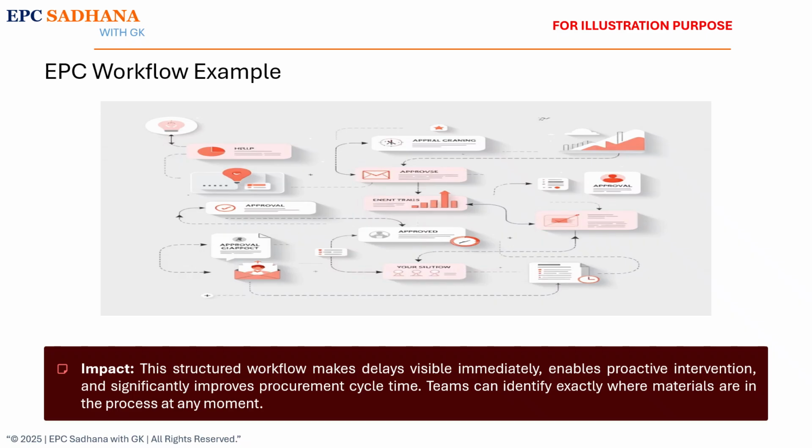Quality control team inspects the delivered items against the PO detail. Stores generates and records the goods receipt note to confirm receipt in the system. Finance processes the invoice and links it to the PO and GRN for payment. This makes delays visible and improves cycle time.